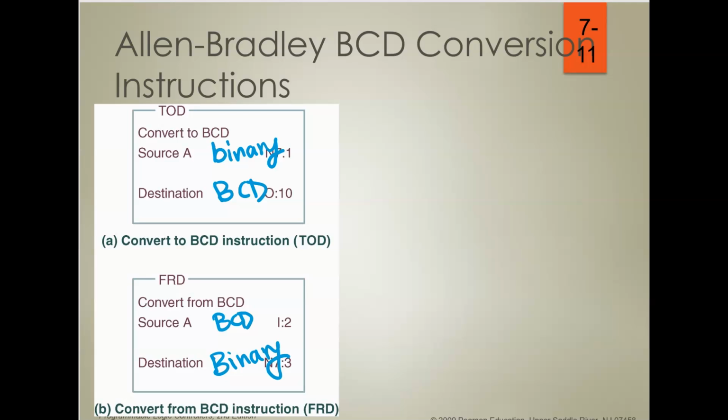Now, these two instructions are very straightforward, they're very simple, and you can easily use them. There is one single problem that you should be careful about. In order to understand the problem, I want to discuss the range of numbers that you can get in a fixed size of memory.